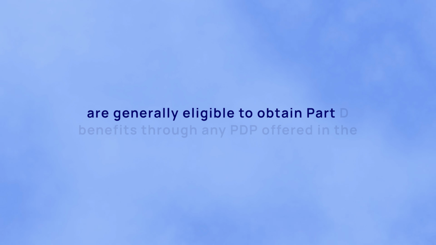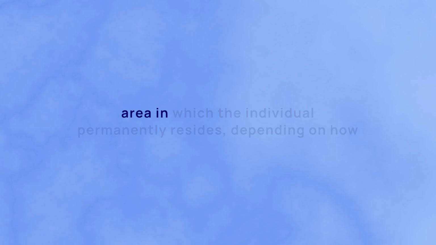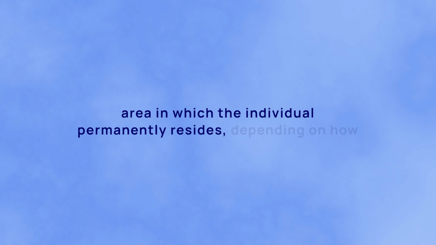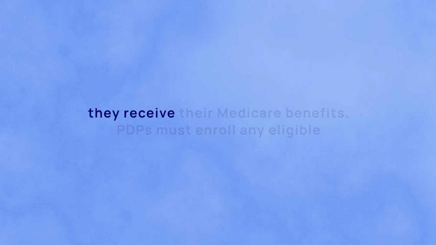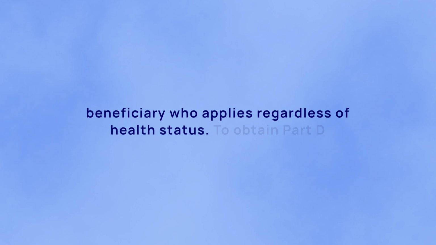CMS makes this determination. Individuals meeting the above criteria are generally eligible to obtain Part D benefits through any PDP offered in the area in which the individual permanently resides, depending on how they receive their Medicare benefits. PDPs must enroll any eligible beneficiary who applies regardless of health status.